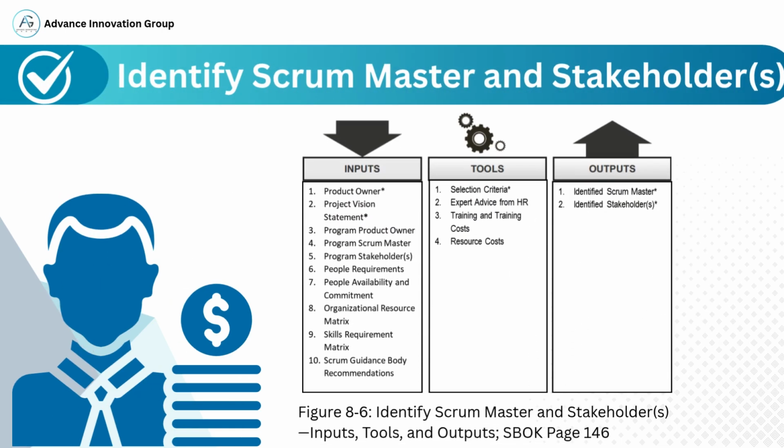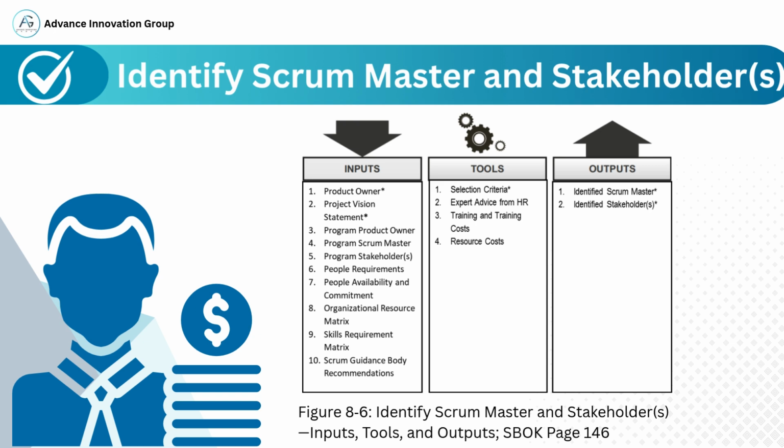Now let's talk about the process of identifying the Scrum Master and stakeholders, which is a key activity in the initiate phase of a Scrum project. Inputs. This process begins with several important inputs: product owner and project vision statement. These define the goals and expected outcomes of the project. Information about the program Scrum Master, stakeholders, and product owner is also considered. Other inputs include people requirements, availability, and commitment of team members, skills and organizational matrix, and recommendations from the Scrum guidance body.